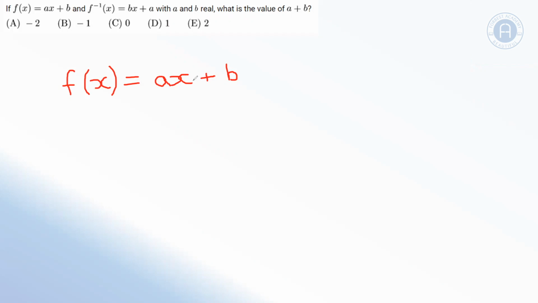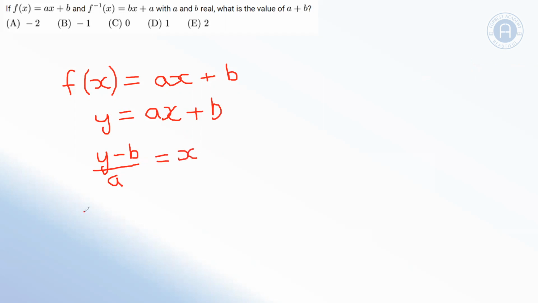Now, if I wanted to find the inverse function of this, one of the ways we can do it is we can set y equal to our equation, and then we can rearrange this to make x the subject. So if I rearrange it, (y minus b) over a equals x.